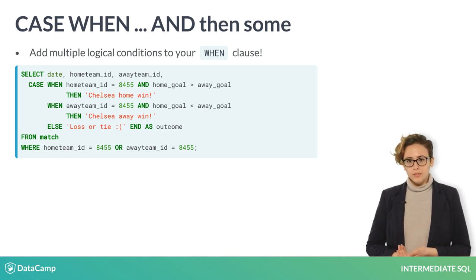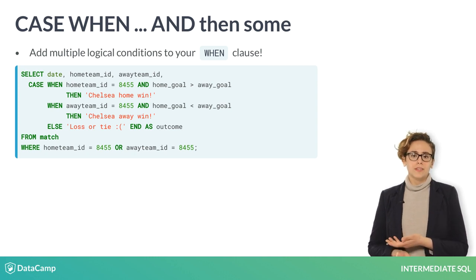Each when clause contains two logical tests. The first tests if a home team ID identifies Chelsea, and then it tests if the home team scored higher than the away team. If both conditions are true, the new column output returns the phrase Chelsea home win.